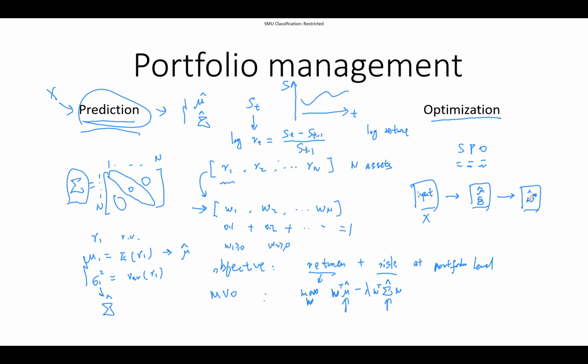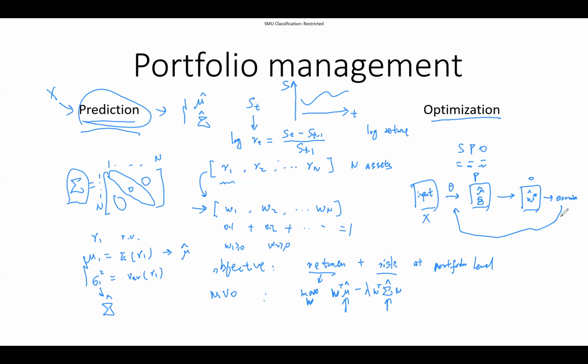So based on the prediction, we have the W star. This is the predict part, this is the optimize part. And if we lay it out as a single stage, then we can look at how good this optimization is. We have some error terms if we compare it with the real mu and real sigma, so there's some error here, and the error feeds back to here. Essentially, our prediction is based on some set of parameters, let's call it theta.